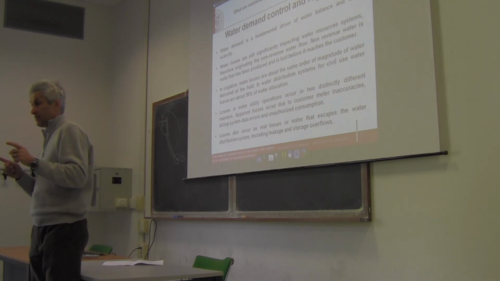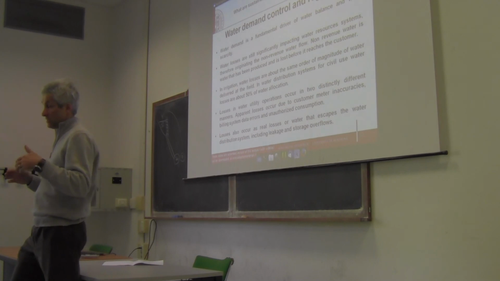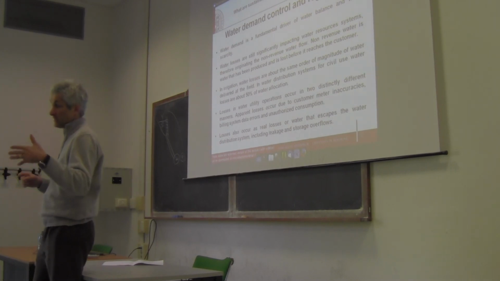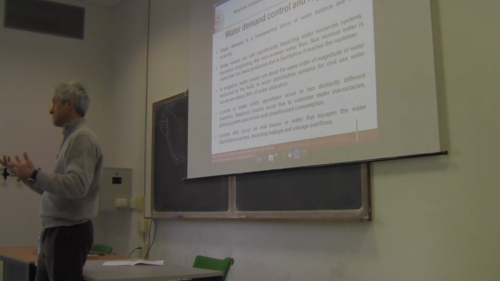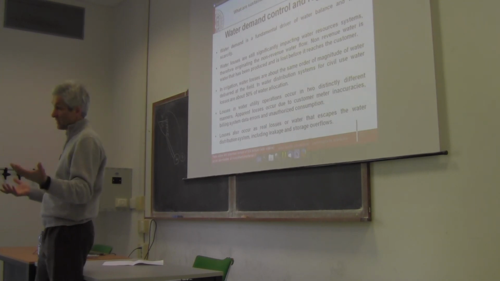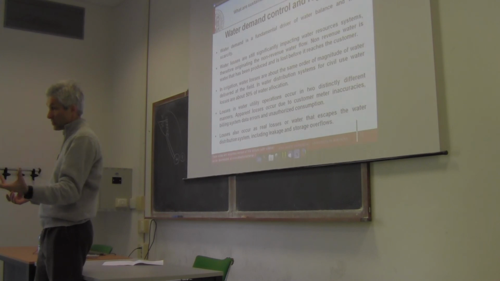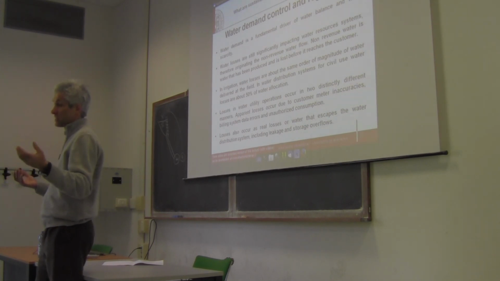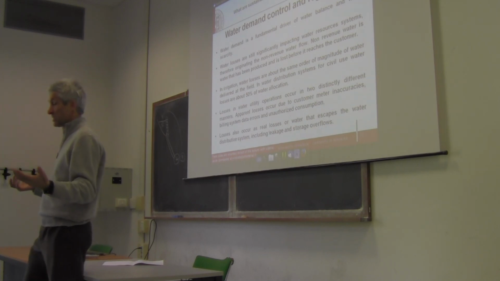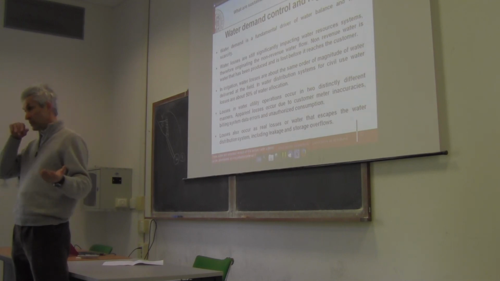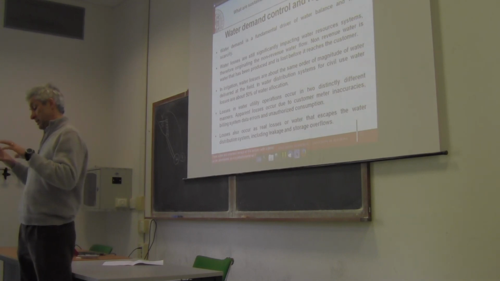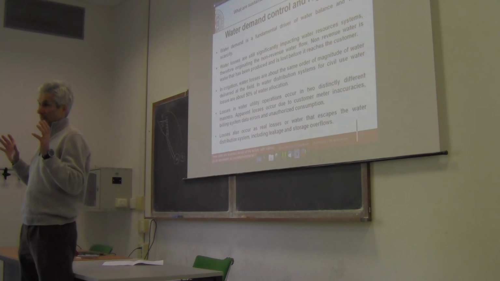Even if we consider pressure flow, the losses are around 30% if the system is very efficient, and they can reach 40 to 45% if the system is not efficient, because it's difficult to control leakages and water losses in general. These are important numbers.